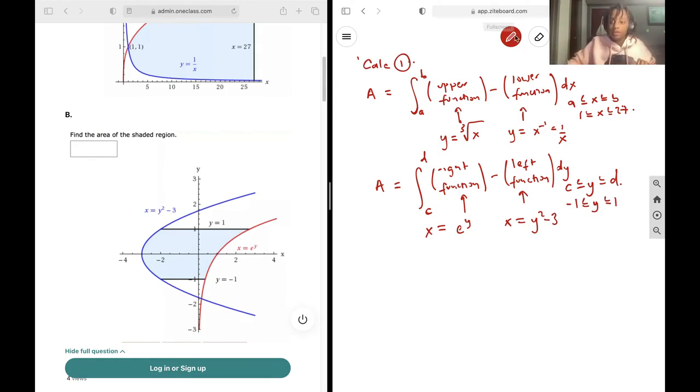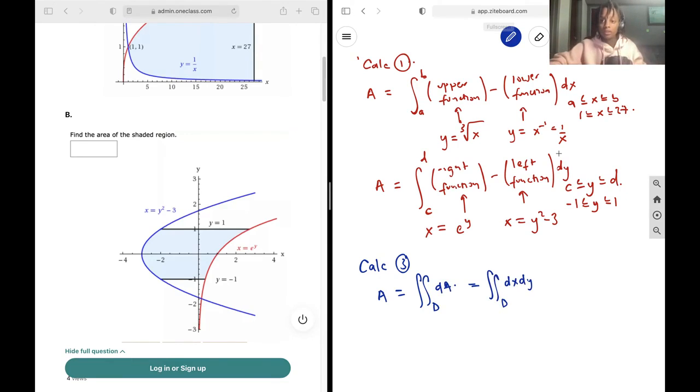Next up, we have the Calculus 3 method, which generalizes both of them into one clean calculation. And this would just be A is equal to the double integral over region D, which is what's shaded, over D, dA. And dA in Cartesian coordinates is going to be dx dy.